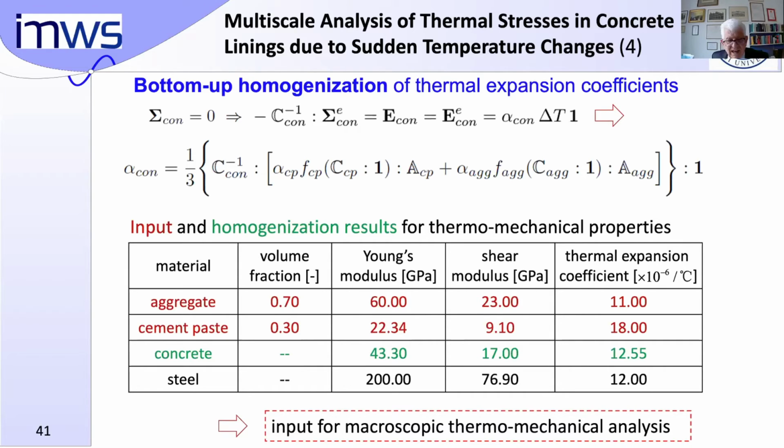That's another name of the modulus of elasticity. For the aggregate 60, and for the cement base 22 to 34. And the value we obtain from multiscale analysis is somewhere in the middle, 43.30. These green values are then input for macroscopic thermomechanical analysis.